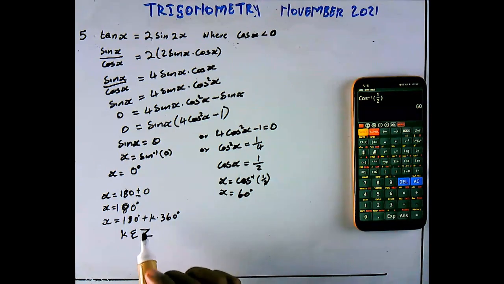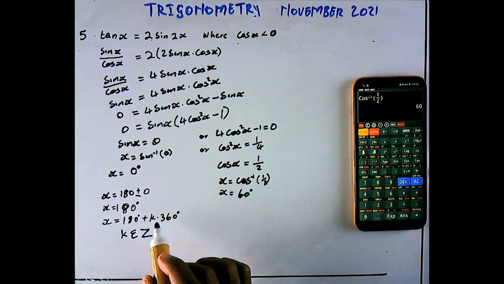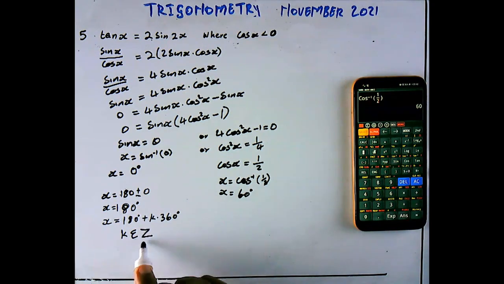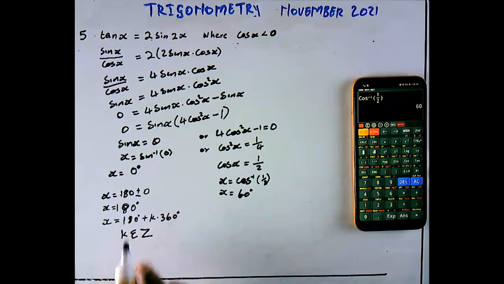So this means k must be 1 or 2 or 0 or -1 or negative something. It can't be 0.5. It has to be an integer. So this one, I think it must carry a mark. If you leave this one out, then you're going to lose some marks.